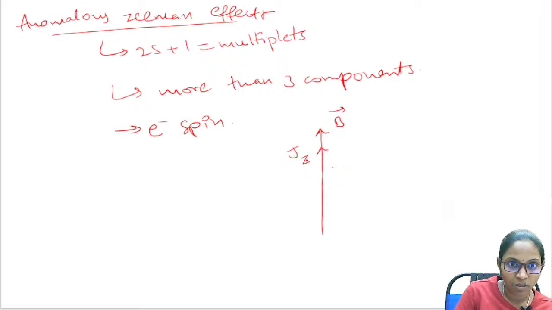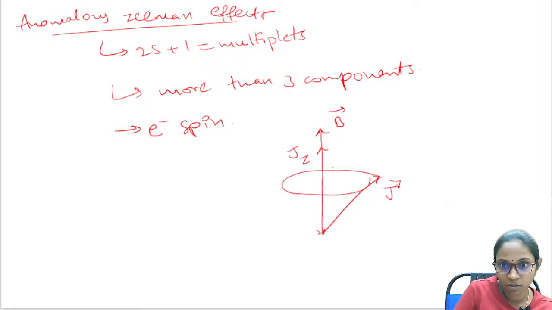Whenever you place the atom in the external magnetic field, you will have a total angular momentum J component Jz along this magnetic field. That means this J bar will precess about this external magnetic field.